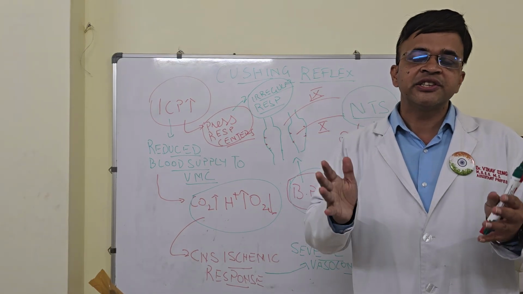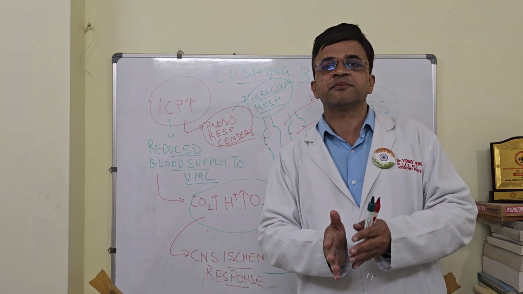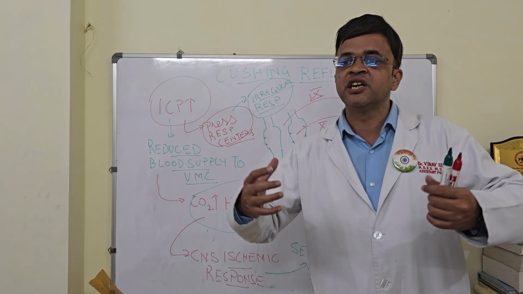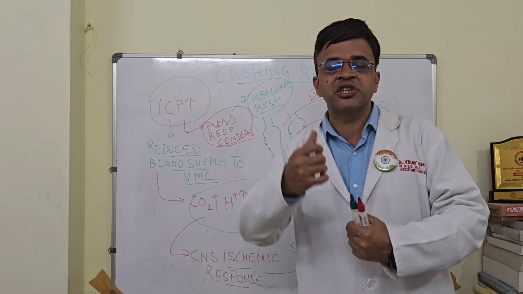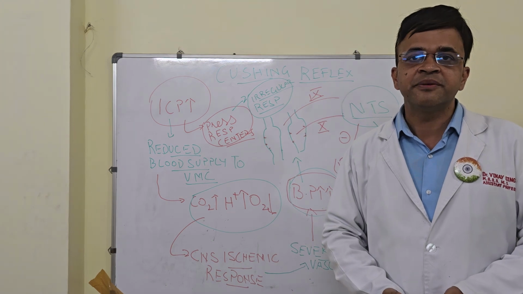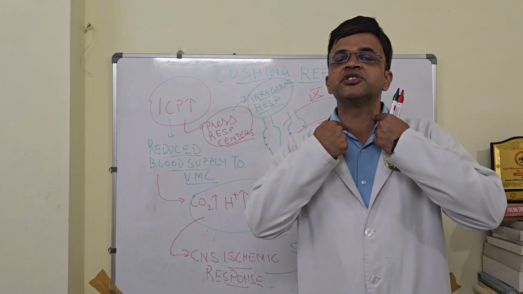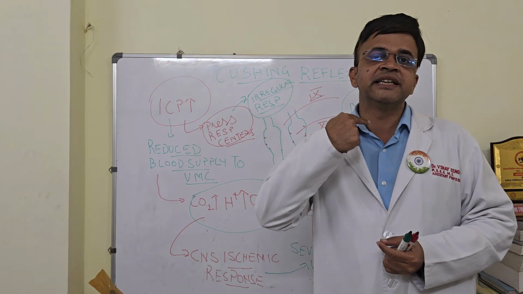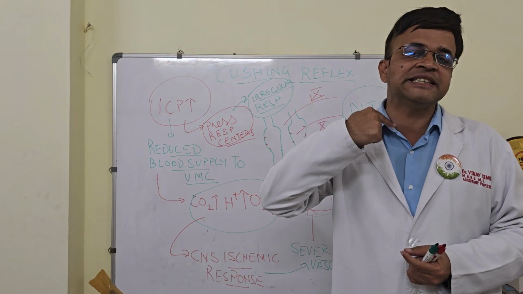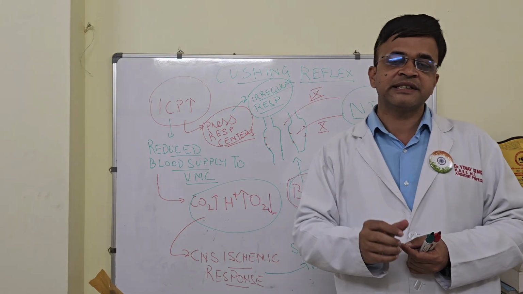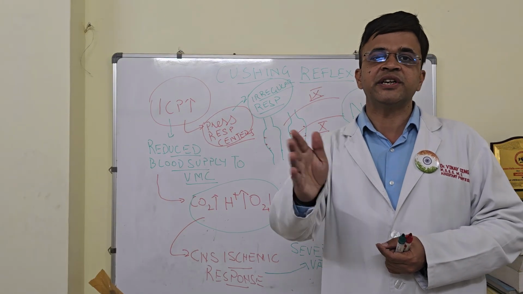This is going to trigger CNS ischemic response, right? Now once the CNS ischemic response gets triggered, there will be severe vasoconstriction in whole of the body, which is going to increase the blood pressure. This increased blood pressure will be detected by the carotid bodies, right? And this will lead to firing of the 9th and 10th cranial nerve, which is going to stimulate the nucleus tractus solitarius.